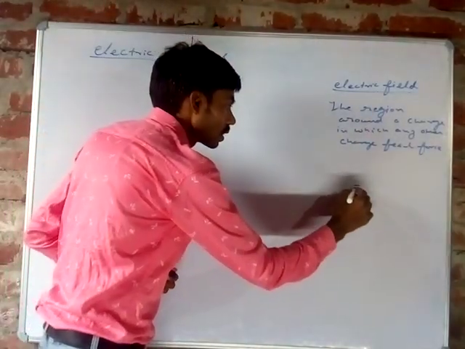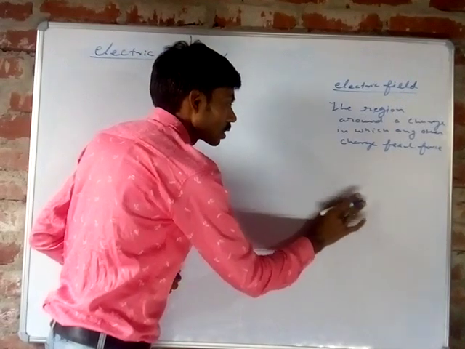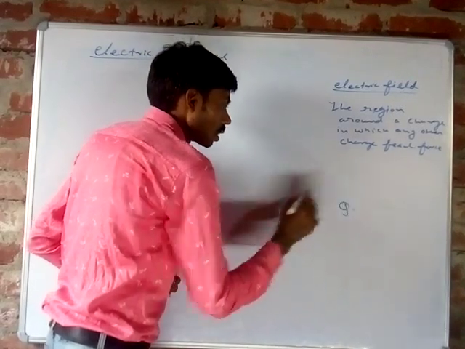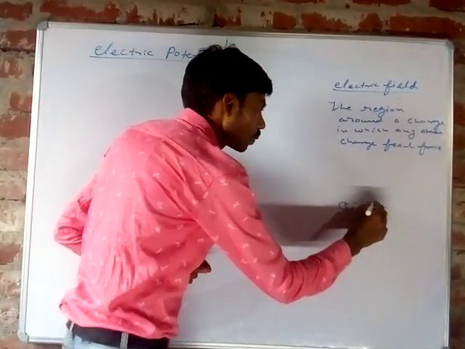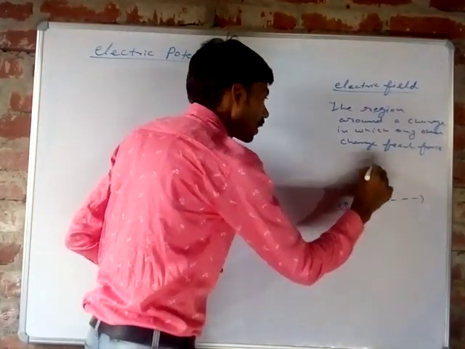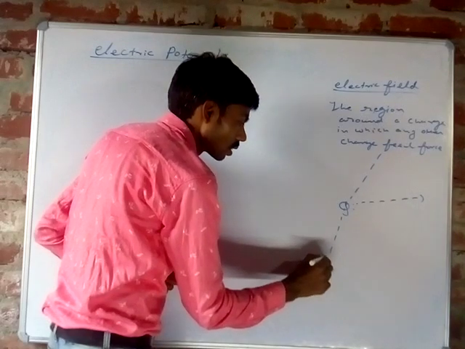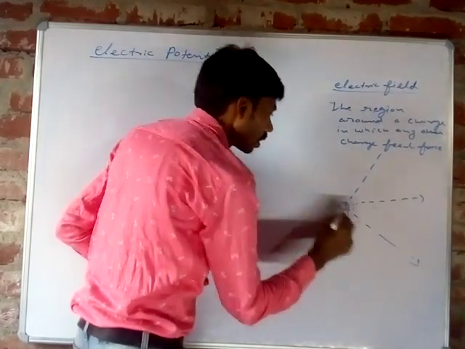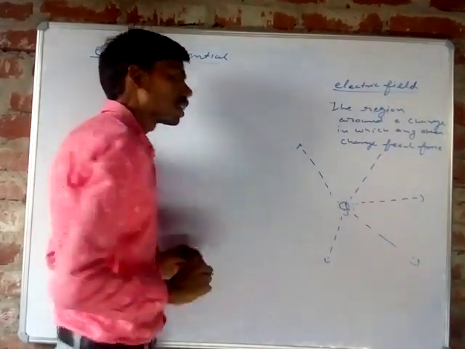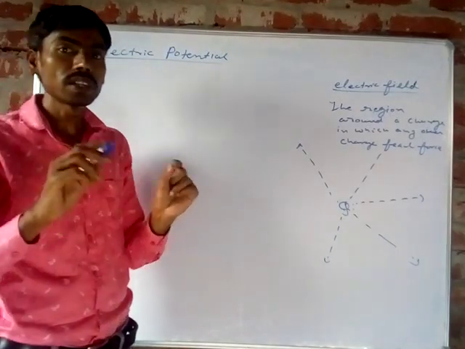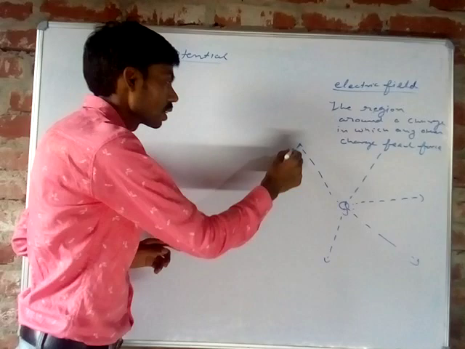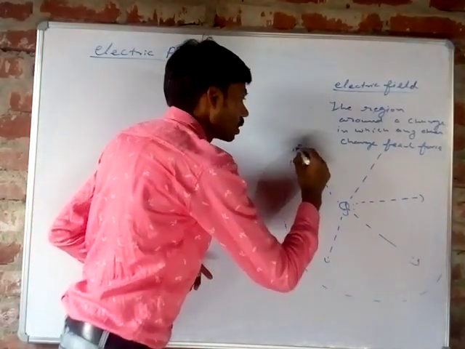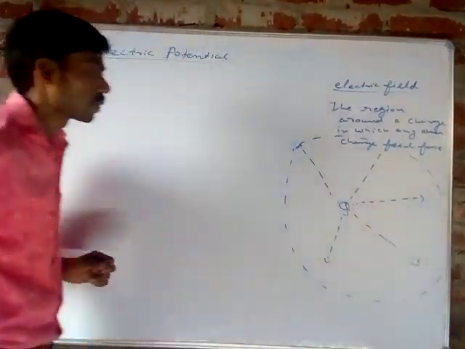Let's suppose that this is a charge Q, and therefore an electric field must be created around it. That means an electric field is created around any charge. Let's suppose that this region is the electric field.